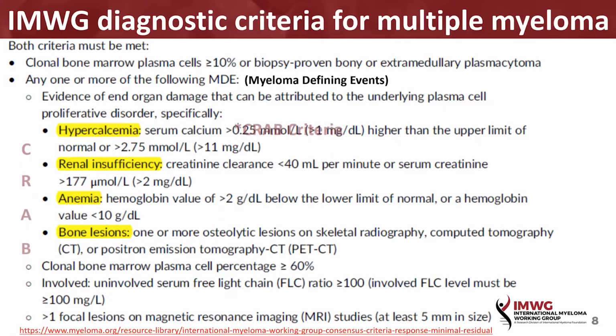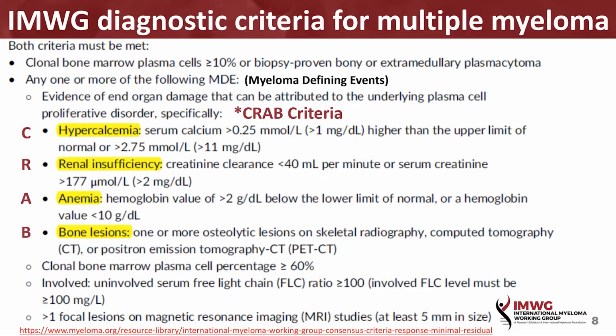So what we call the CRAB features: the calcium level, the renal function, anemia, and bone lesions. Traditionally, at the time of diagnosis, patients would have at least one and maybe several of these features, where their blood calcium was high, very anemic, and things like that.